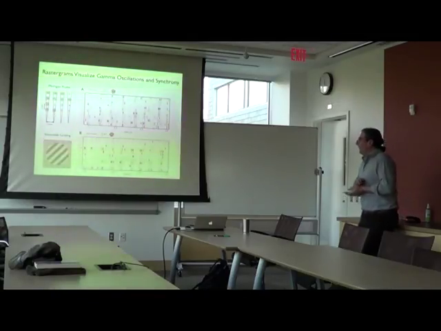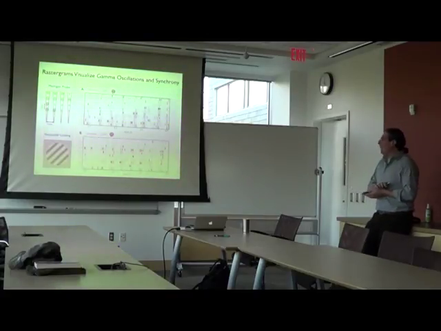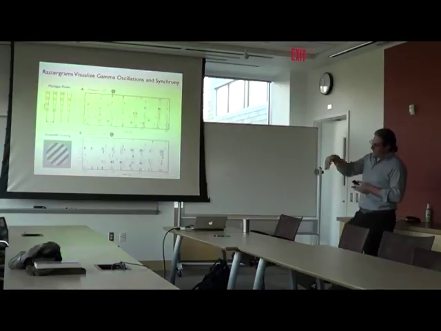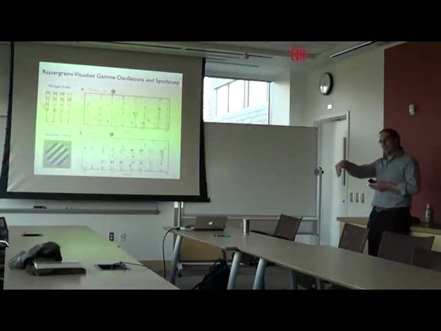So let me show you some of the basic results that you can see. These are parallel recordings. This is a probe that's got 16 different electrodes on it. It's being stuck orthogonally into the visual cortex.